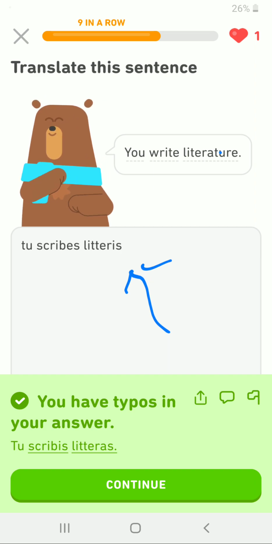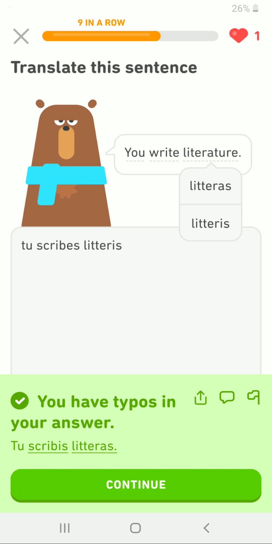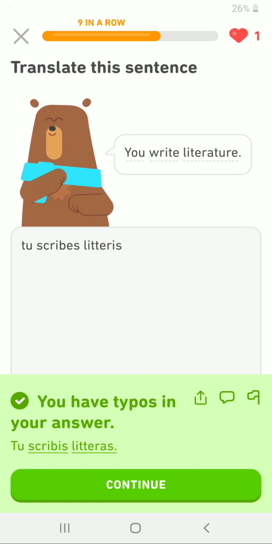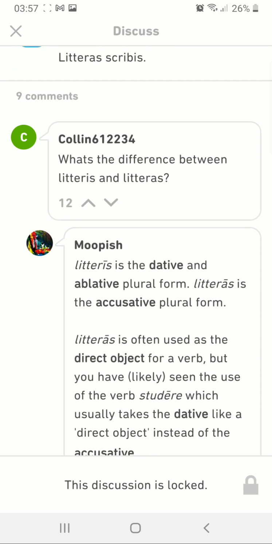Is it because literature is in plural? We don't know. Let's see what they say. And what is the difference between literis and literas? Literis is a dative and ablative plural form.